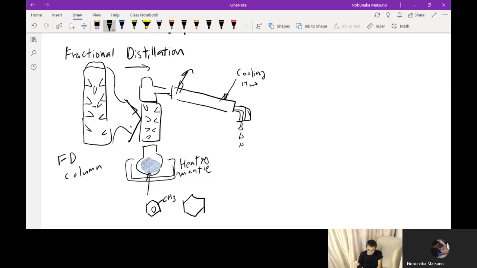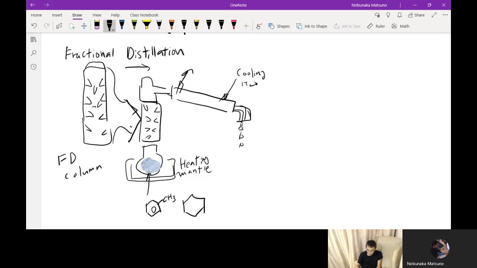Both of these are similar hydrocarbons, so they would also form an azeotrope-like mixture because their vapor pressures are similar. Their boiling points are similar, and their vapor pressures are similar, so they're going to boil off together. They're going to evaporate together.